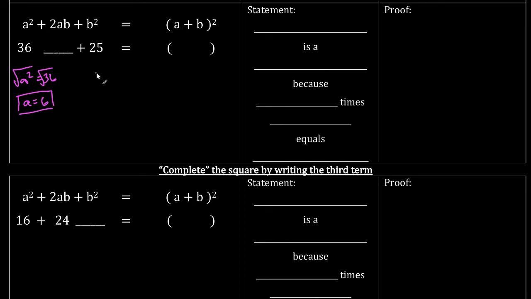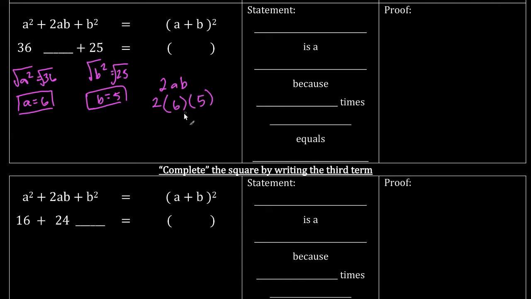This one, b squared was 25. So if I square root that, b is 5. We're trying to get this middle term, and we know that the middle term is 2ab, which is really just 2 times, if you want to put 6 there and 5 there, you can also do that.